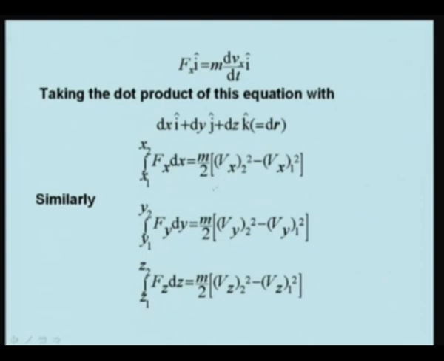Similarly, we get the integral from y1 to y2 of Fy dy equal to m by 2 times vy2 squared minus vy1 squared. Similarly, the integral from z1 to z2 of Fz dz is equal to m by 2 times vz2 squared minus vz1 squared.